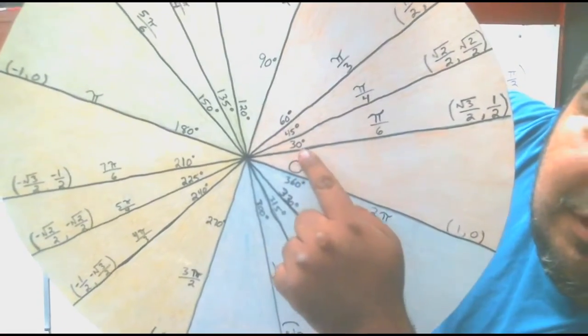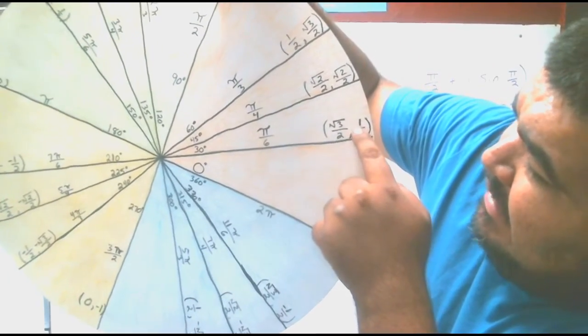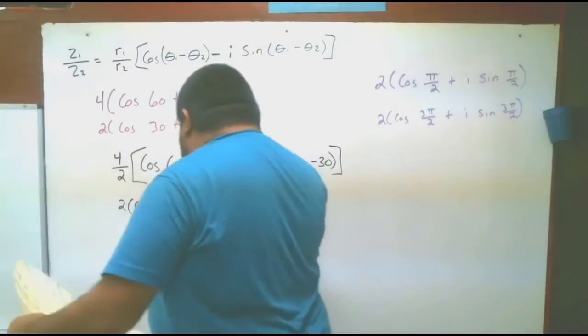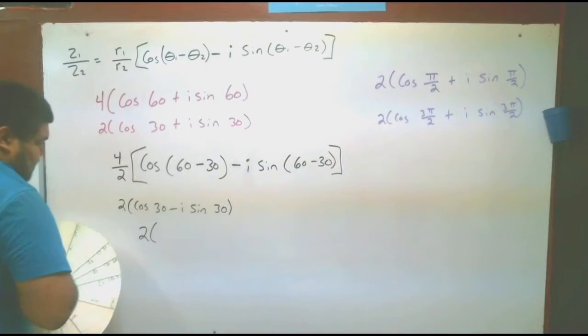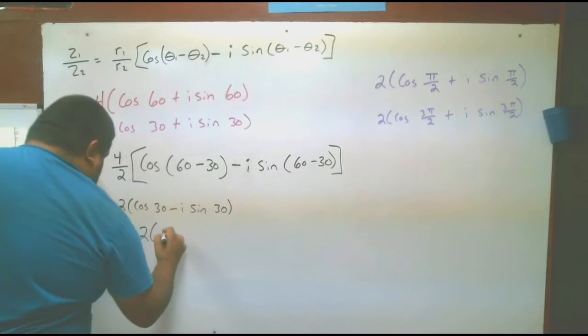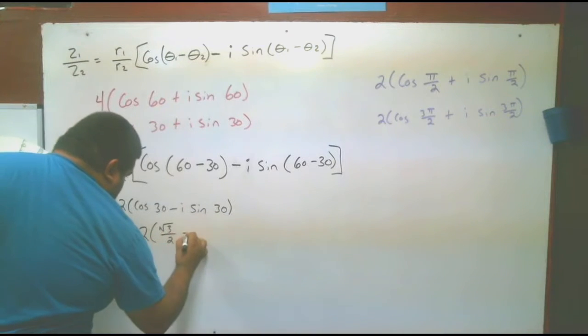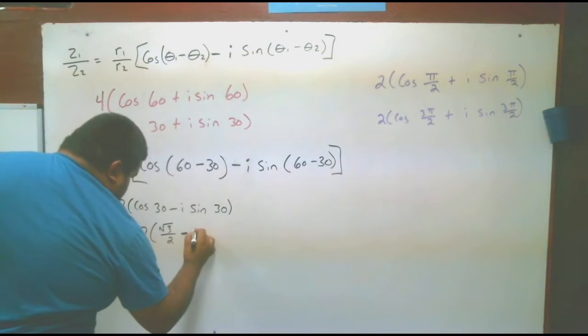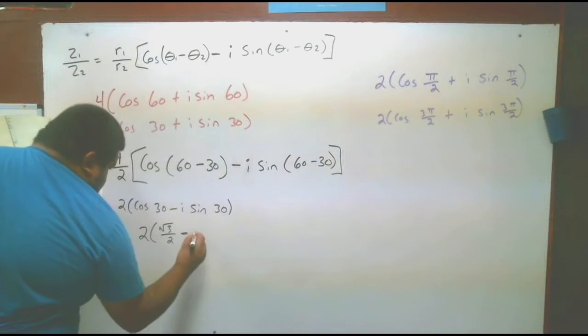So cosine is radical 3 over 2, and sine is 1/2. Okay, so we're going to write that in. So we have 2 times radical 3 over 2 minus I, or 1/2 I. This time it goes on the back.